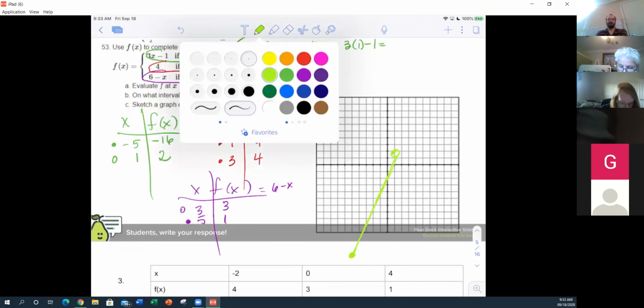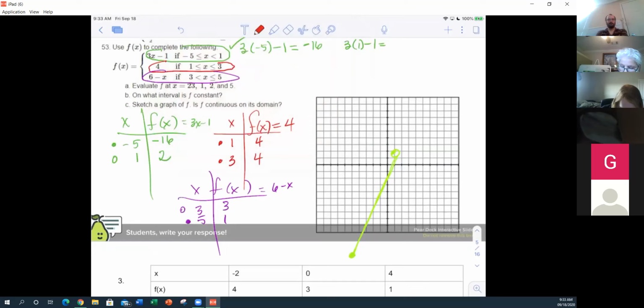And then 1, 4, and 3, 4. Both of those are closed dots. And then 3, 3.